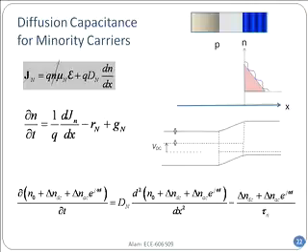In the first term, n naught and n DC will go because they are not changing with time. In the second term, only n naught will go because the DC term and AC term depend on position. So I shouldn't drop those. And then you have the recombination term. That's fine. Of course, the same will happen for the holes. The holes are trying to go this way, but we'll focus on the electrons, and that will probably do it.